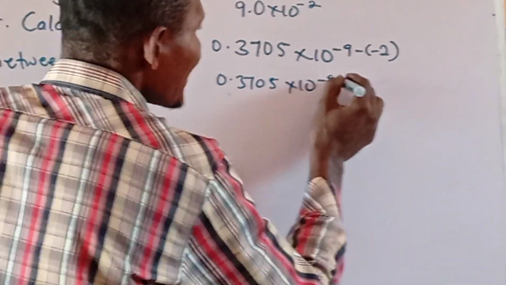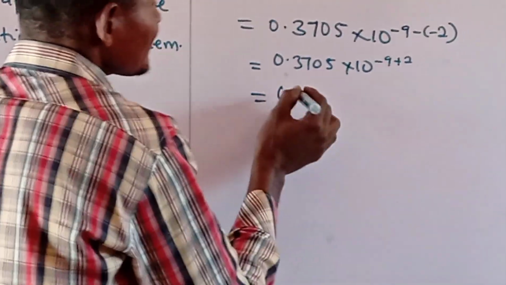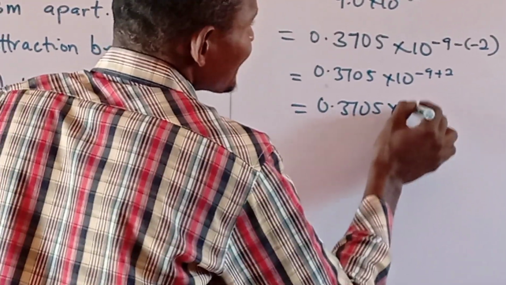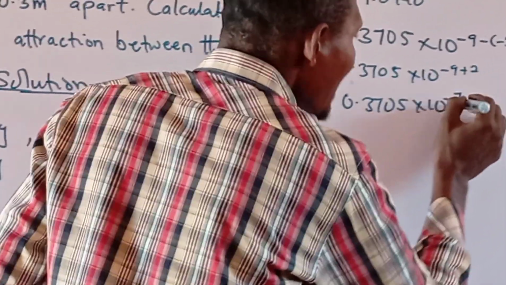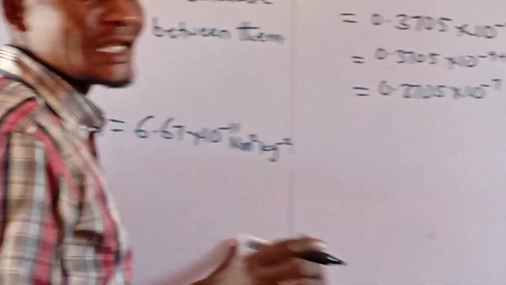So we have minus 9 plus 2. That will be equal to 0.3705 times 10 raised to the power minus 7.